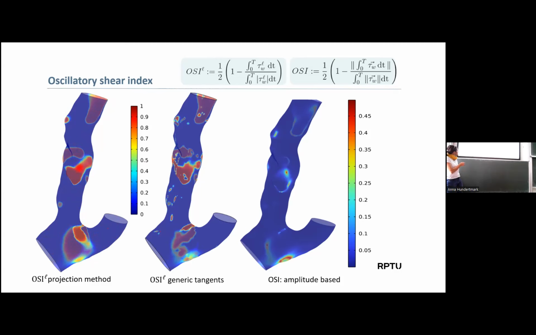This is this variant. The variant in the middle is the same longitudinal OSI, but evaluated with our generated tangent vector. So we demonstrated the usability of our new method of tangential field generation. And on the right hand side, you have the classical, amplitude-based OSI.